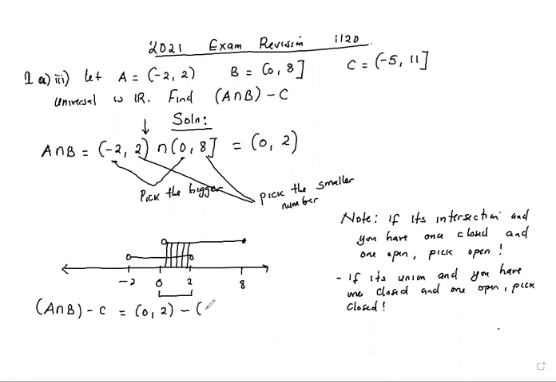C is negative 5 to 11. 11 is even closed. To subtract, I have my set 0 up to 2. Then I remove all the elements that are in C. As I remove, you find that in C, 0,2 is a subset of this. So my answer is empty. I will remain with nothing. Because I will take the whole interval from 0 to 2. It will be gone.